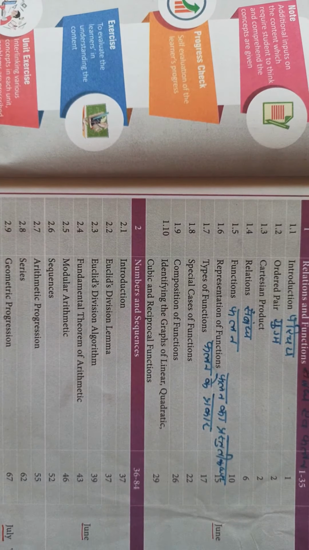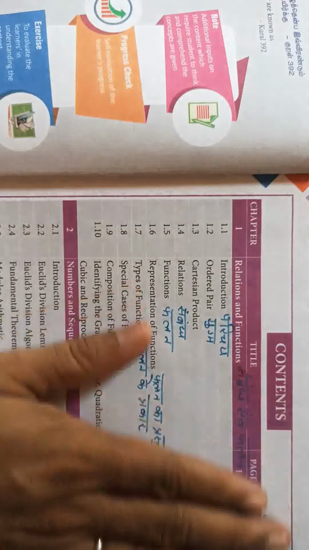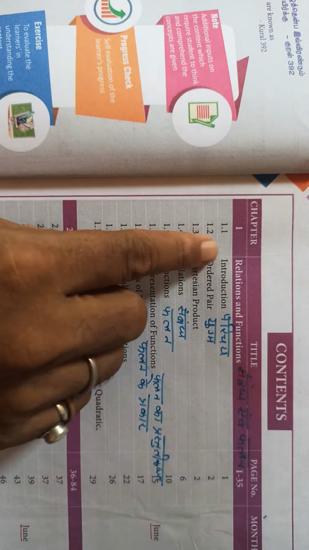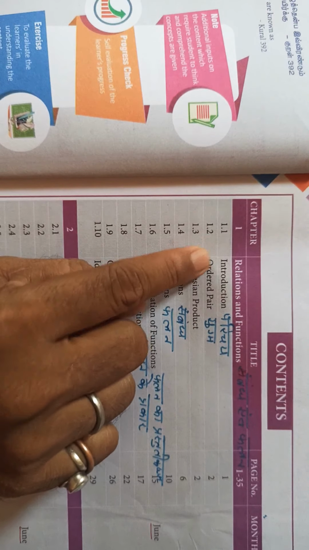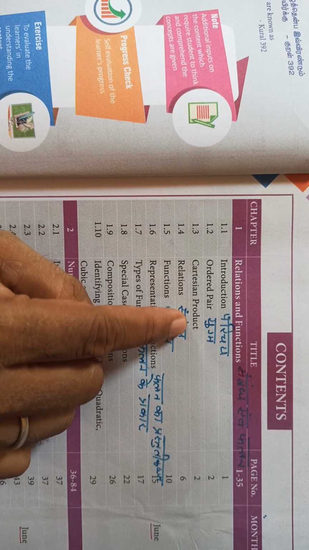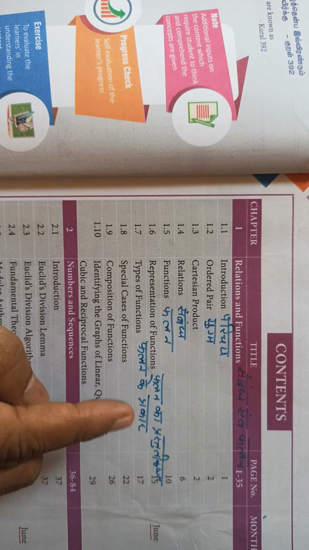Then we come to the first unit, the content part. They have given the ordered form of the content: relation and function. This is our first topic, chapter 1. As you see, they have given the introduction, ordered pair, Cartesian product, relation, function, representation of function, types of function.